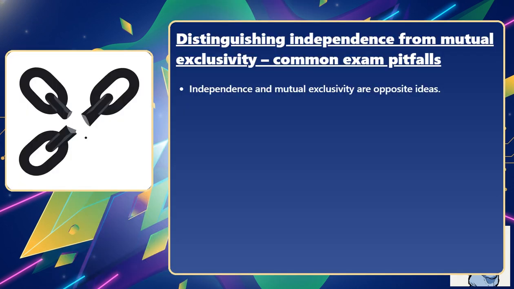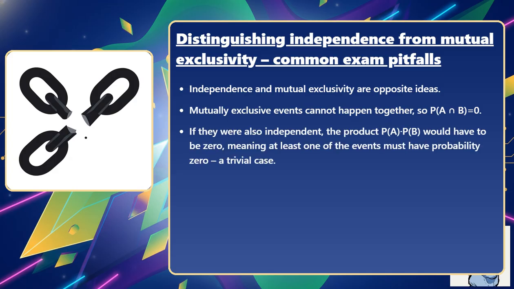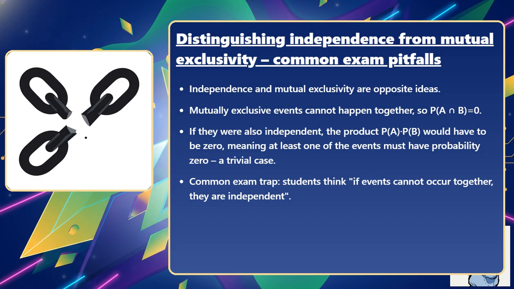Independence and mutual exclusivity are opposite ideas. Mutually exclusive events cannot happen together, so P(A ∩ B) equals 0. If they were also independent, the product P(A) times P(B) would have to be 0, meaning at least one of the events must have probability 0, a trivial case. Common exam trap: students think if events cannot occur together, they are independent.